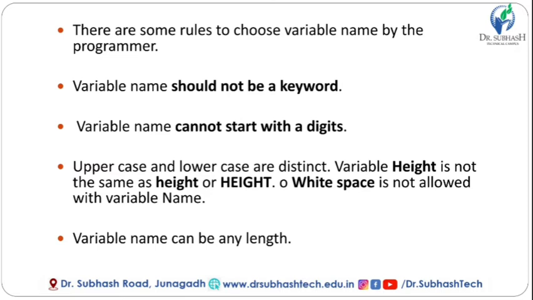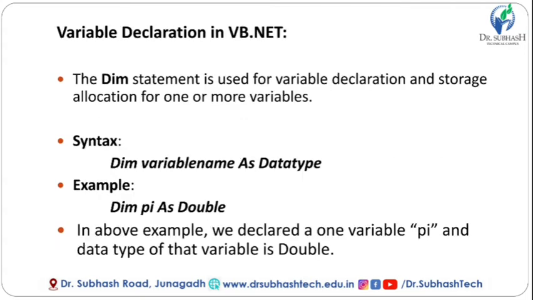Uppercase and lowercase are distinct, meaning both are not equal: capital ABC and small abc are different variable names. Here is an example of how uppercase and lowercase are distinct. White space is not allowed in a variable name, and a variable name can be of any length.